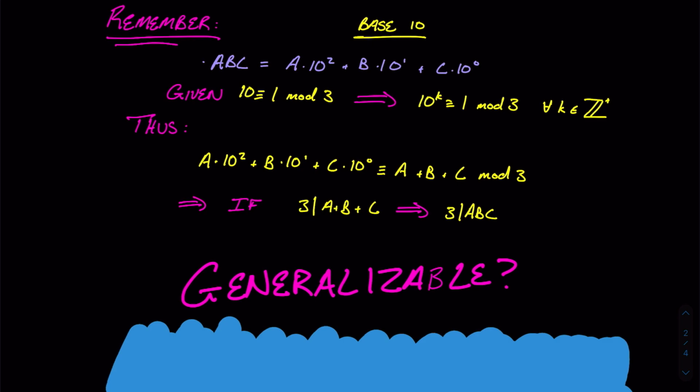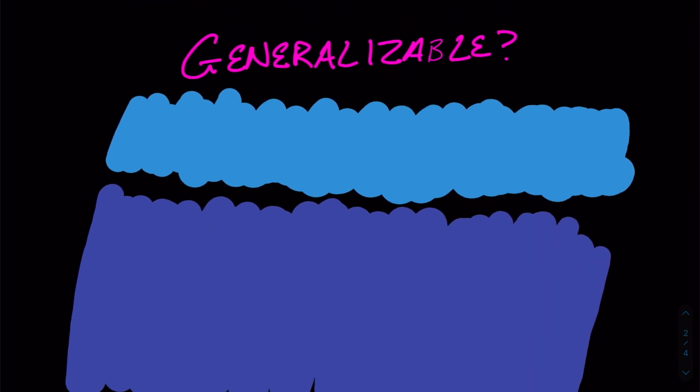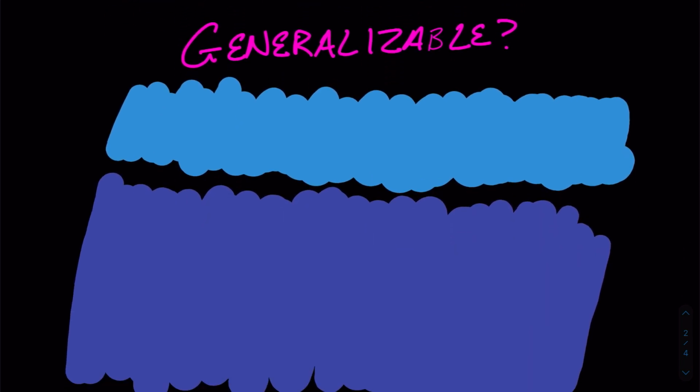We want to know, is this generalizable? For example, can we say for any number n, does that number divide some other number, big N? And specifically, we want to be using the same rule. We want to see in what cases the sum of the digits gives us the divisibility rule.